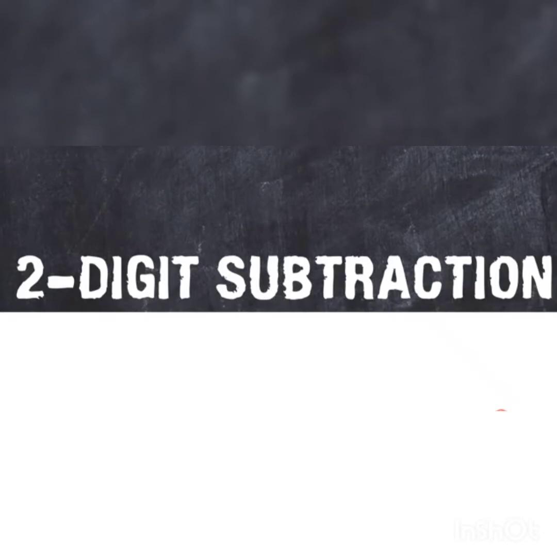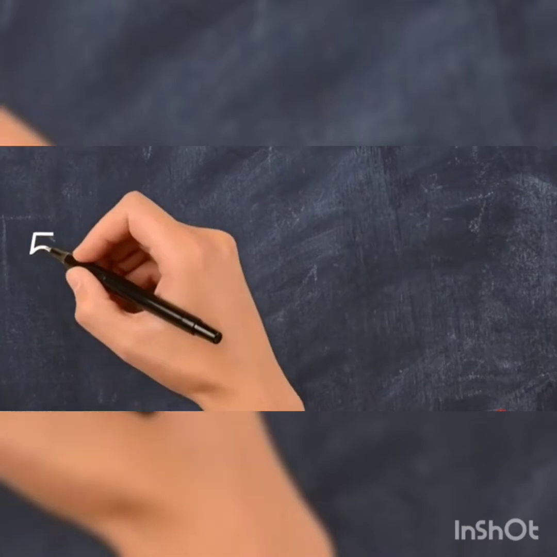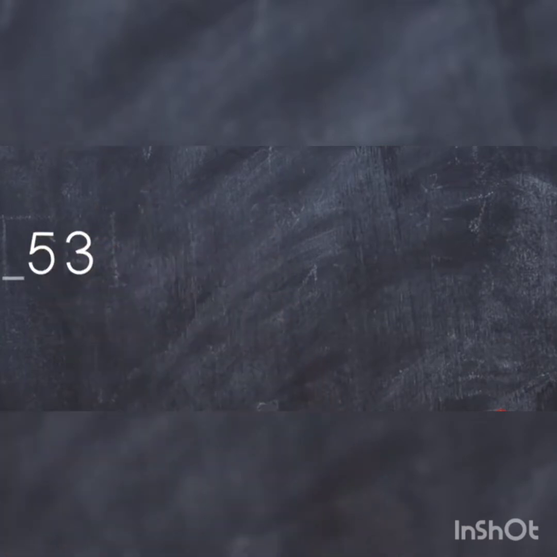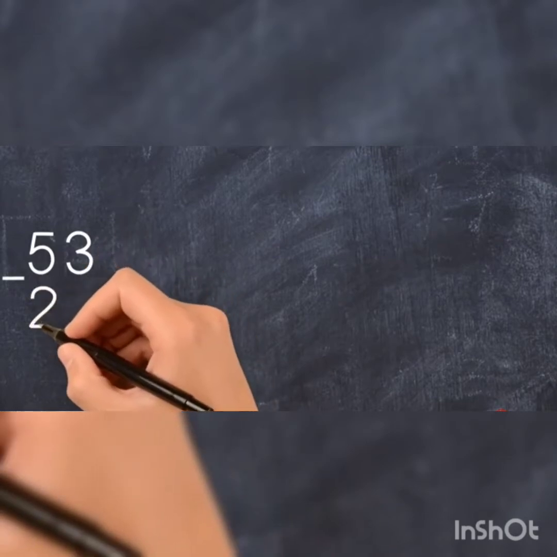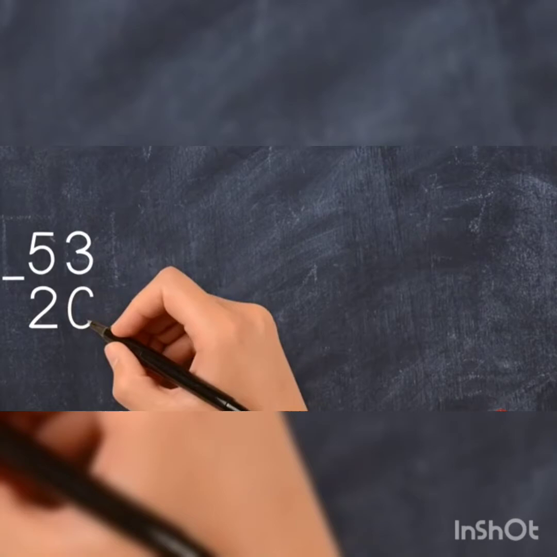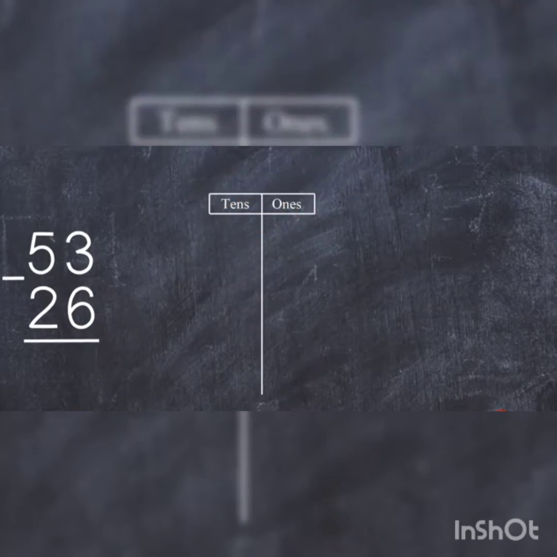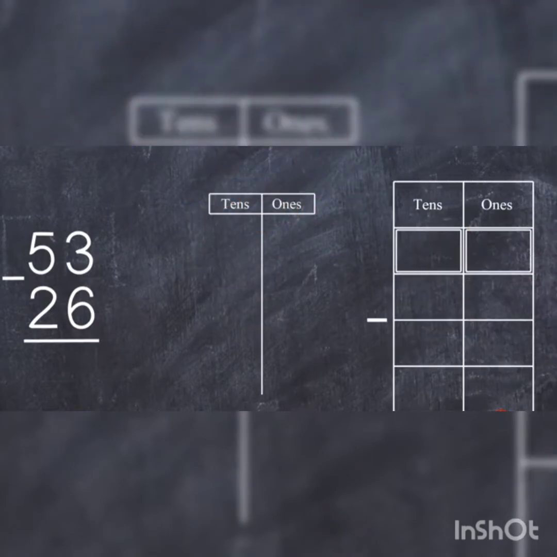First you write the bigger number and write the smaller number below the bigger number. Here 53 is the bigger number and 26 is the smaller number. So we can write 26 below the bigger number.